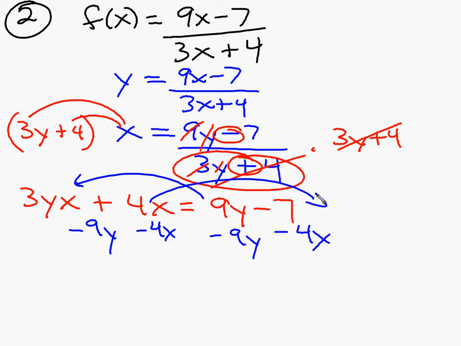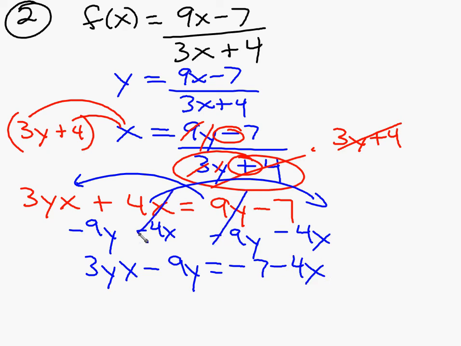So look what I have now. I now have 3yx minus 9y equals negative 7 minus 4x, because those went away on that side and those went away on that side. Now we're getting closer. I have all the y terms together.